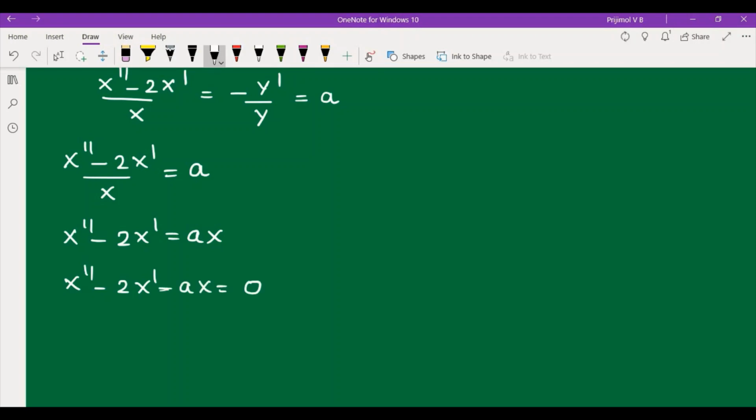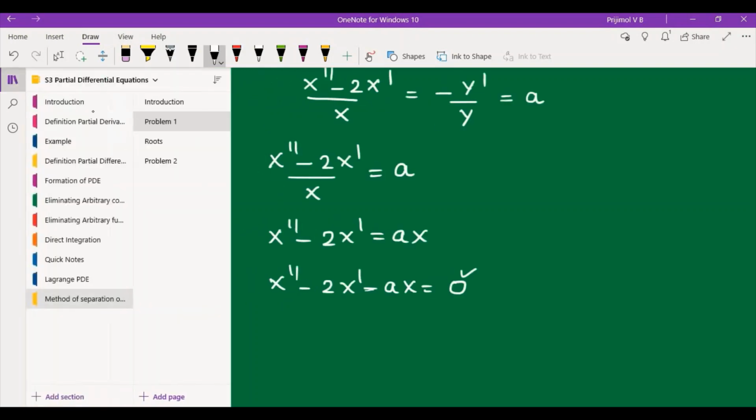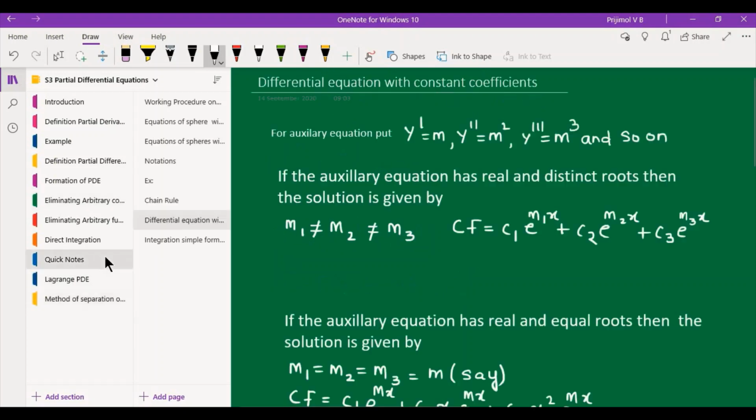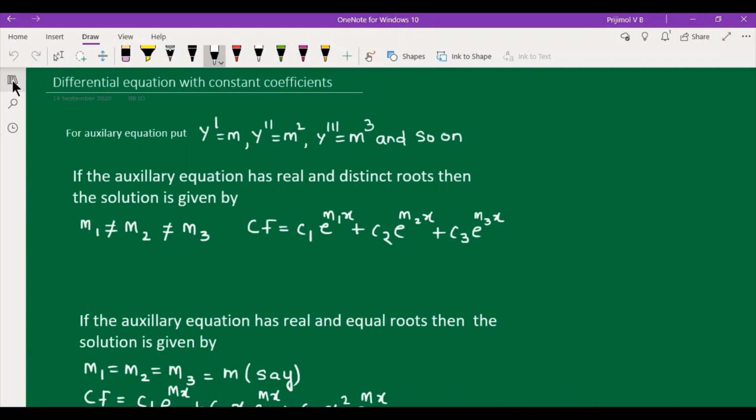Now this is a homogeneous differential equation and it is a second order differential equation with constant coefficients. Now let me take you back to the previous sections you have studied earlier about differential equations. How do you solve a differential equation with constant coefficients?